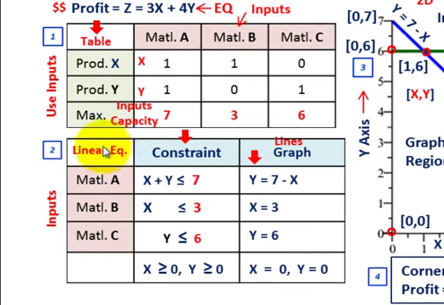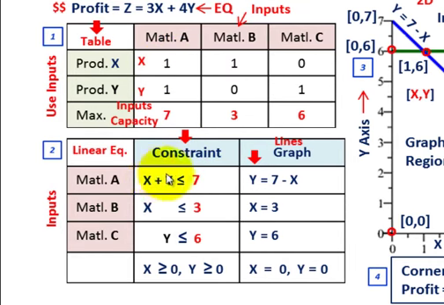The next thing we have to do is set up some linear equations, because this is a linear optimization problem. We'll step through this number by number, assuming we have no understanding of linear programming. We'll start with our constraints, which are based on the 3 different inputs for materials A, B, and C, and on our table.